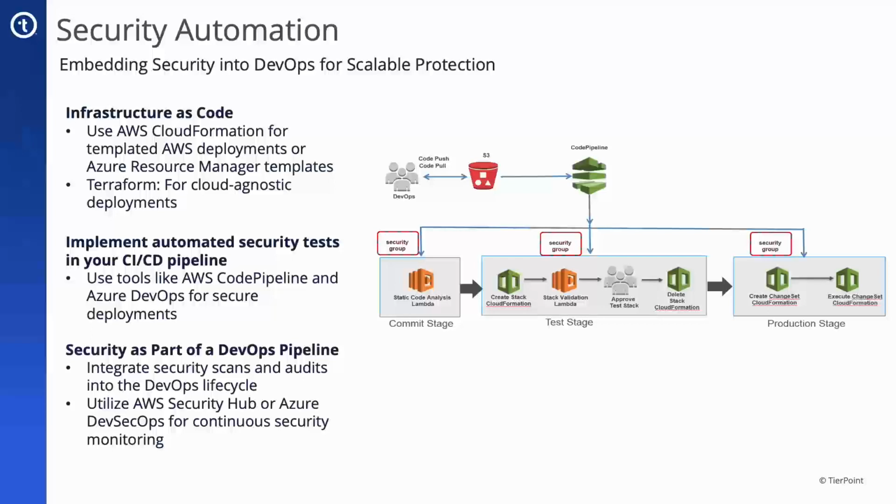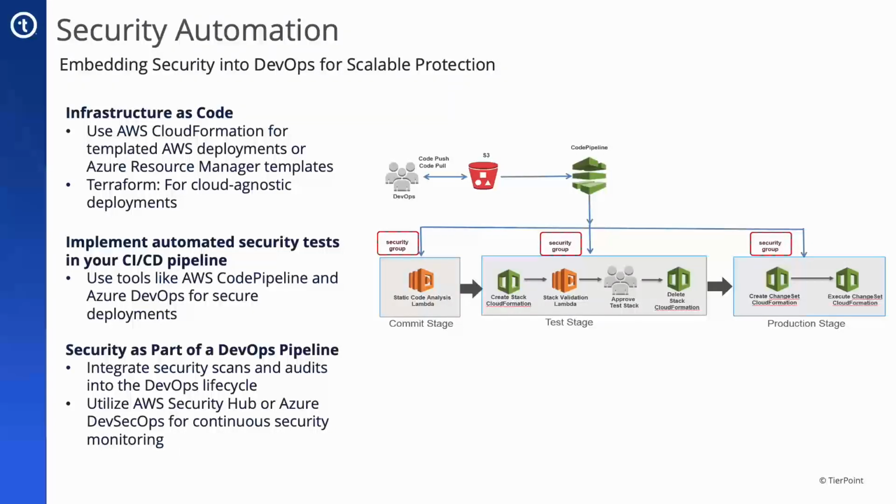Embedding security into DevOps processes, commonly known as DevSecOps, is particularly crucial in public cloud environments. Here is how an organization can achieve scalable protection. Using infrastructure as code templates to define cloud resource configurations ensures that they are consistently secure by design.